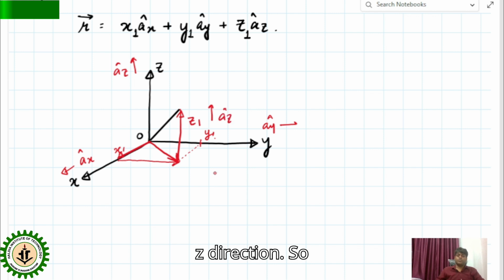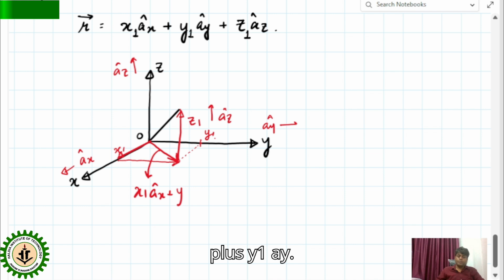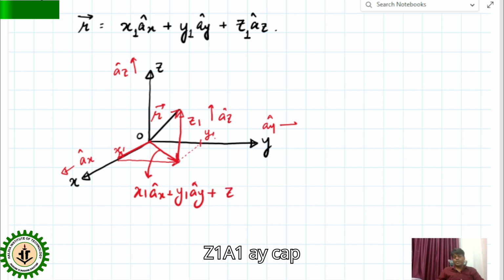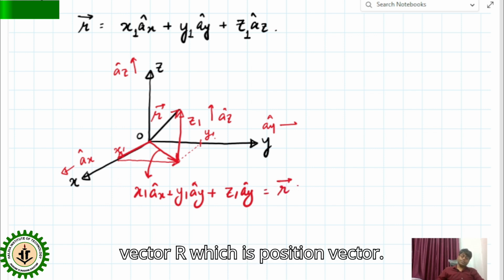Okay. So this is x1 ax plus y1 ay. So adding z1 az, we get the vector R, which is the position vector. Okay.